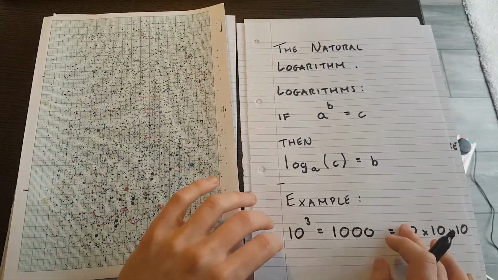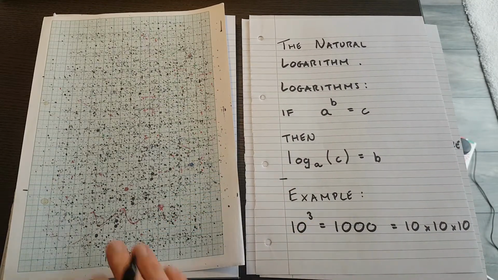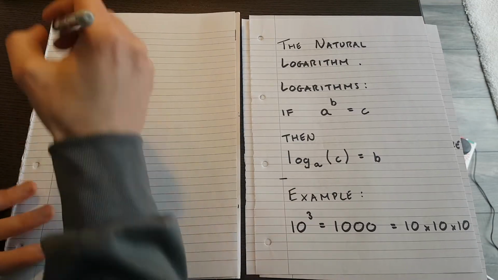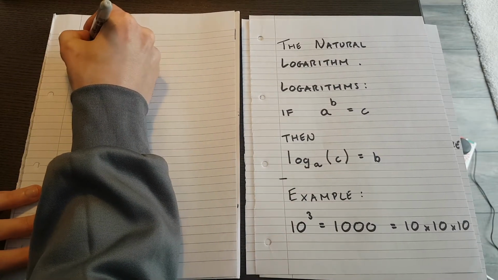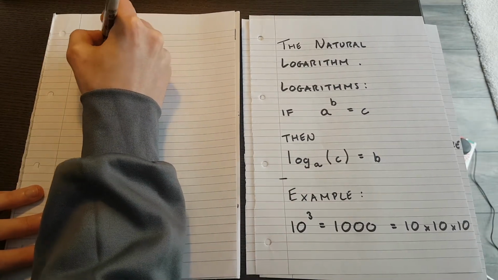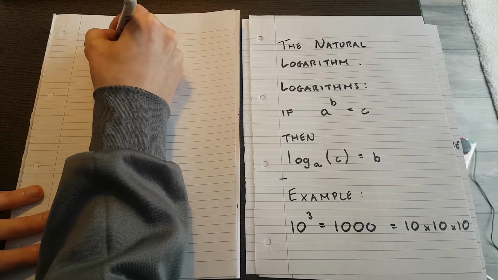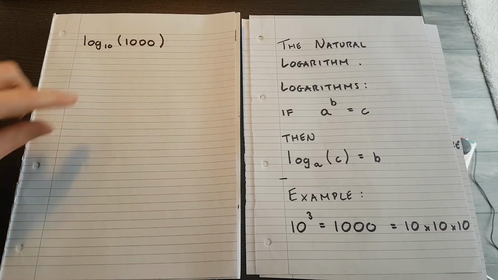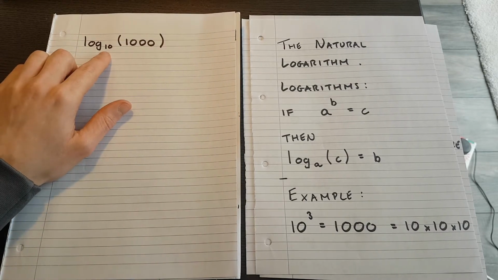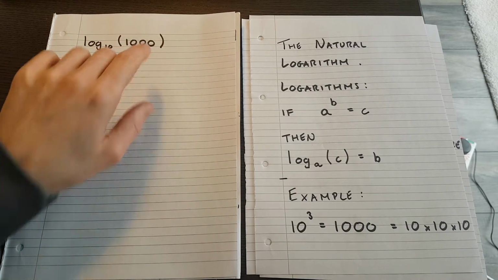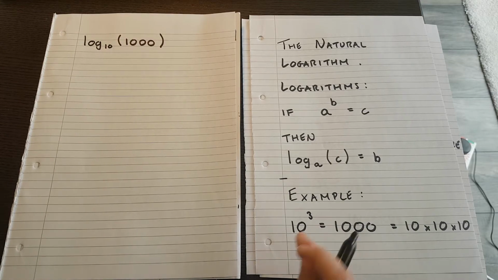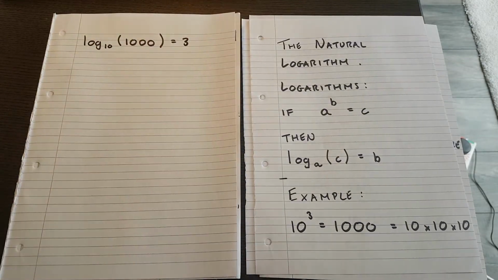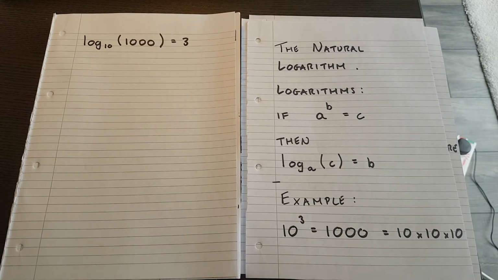So if I have the number 10 and I raise it to the power 3, I get 1000. So what is the log to the base 10 of 1000? Well, this is saying, what power do I have to raise 10 to in order to get 1000? And I can see right here, the answer has to be 3.